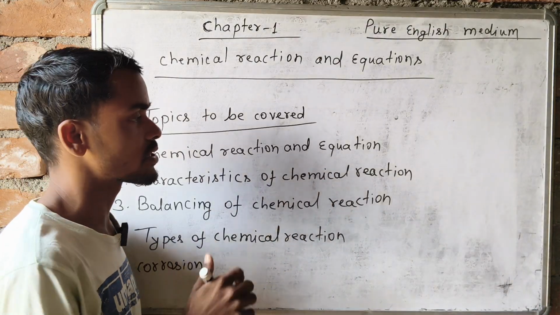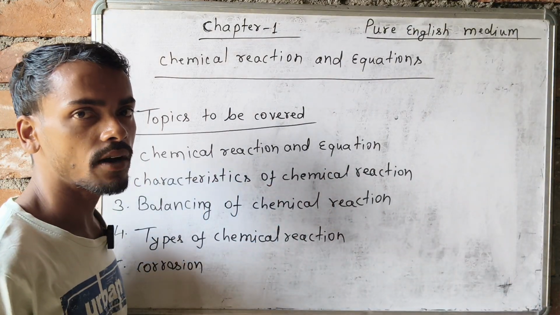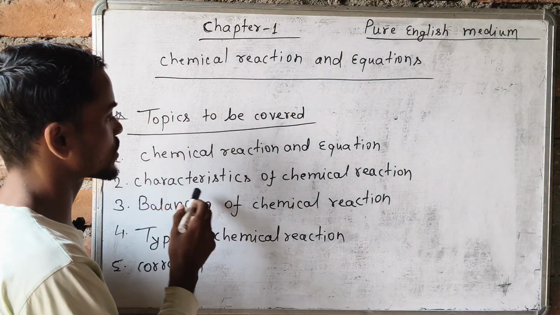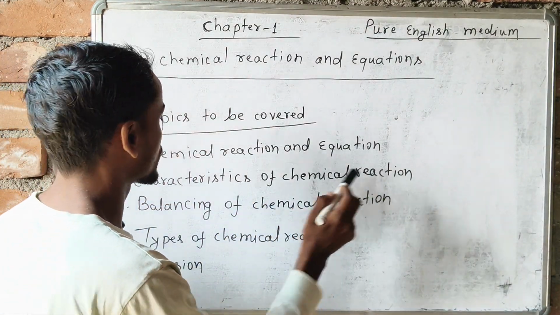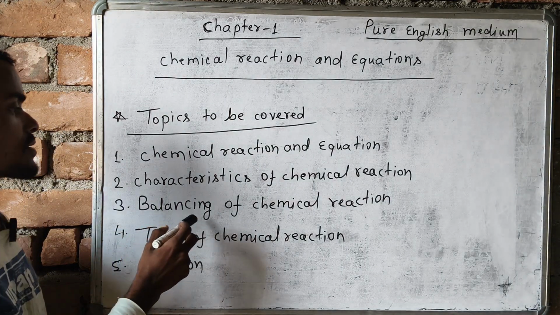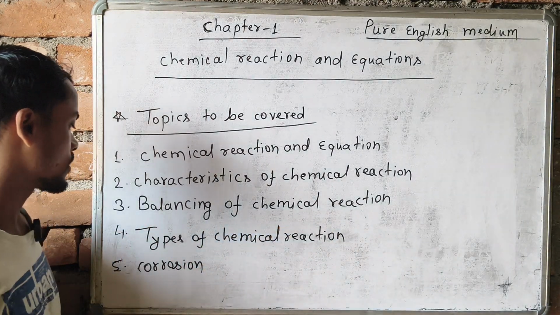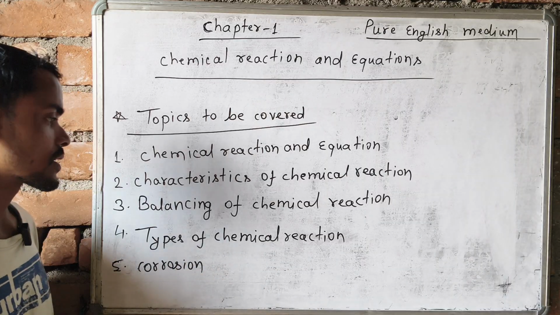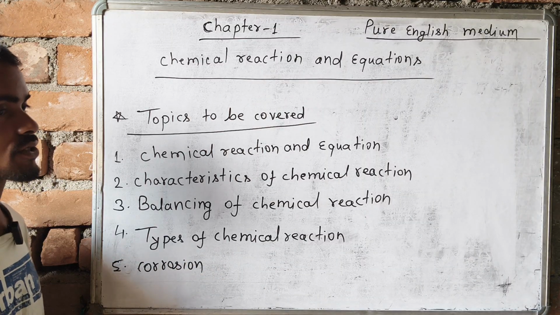We will know the definition of that topic, and after that we will enter the characteristics of chemical reaction. The third one is balancing of chemical reactions. The fourth one is types of chemical reactions.